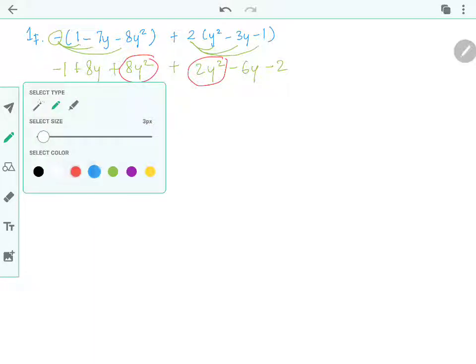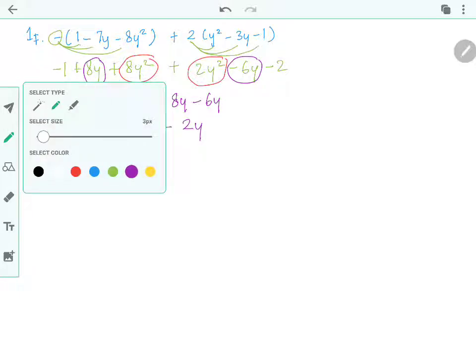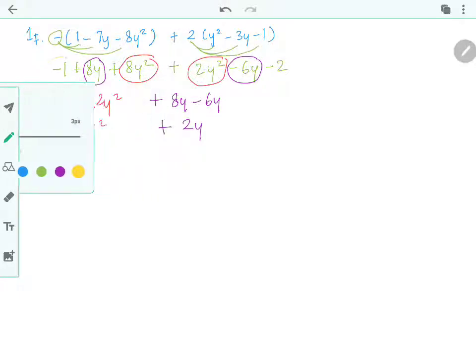Let me use purple. So 8y here is a like term with negative 6y. So 8y minus 6y equals 2y. Of course, this is positive. Now the last one, the ones that don't have variables, negative 1 and negative 2.